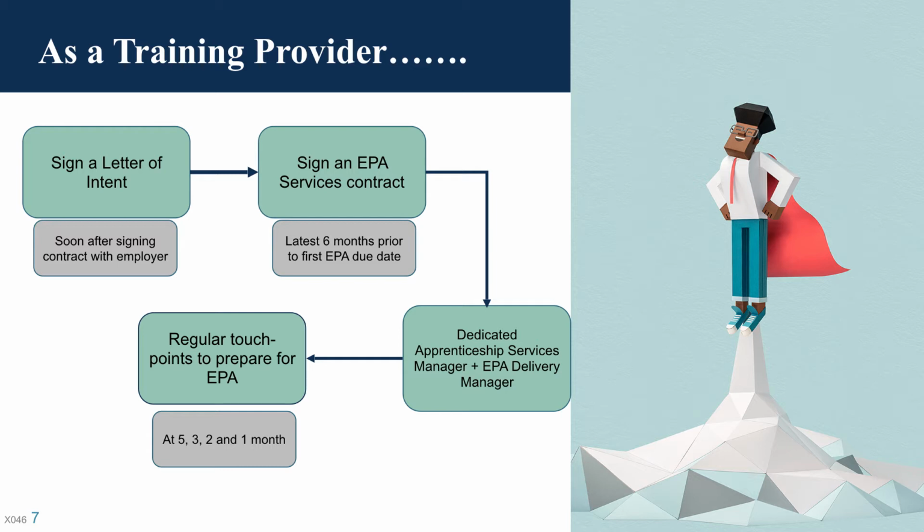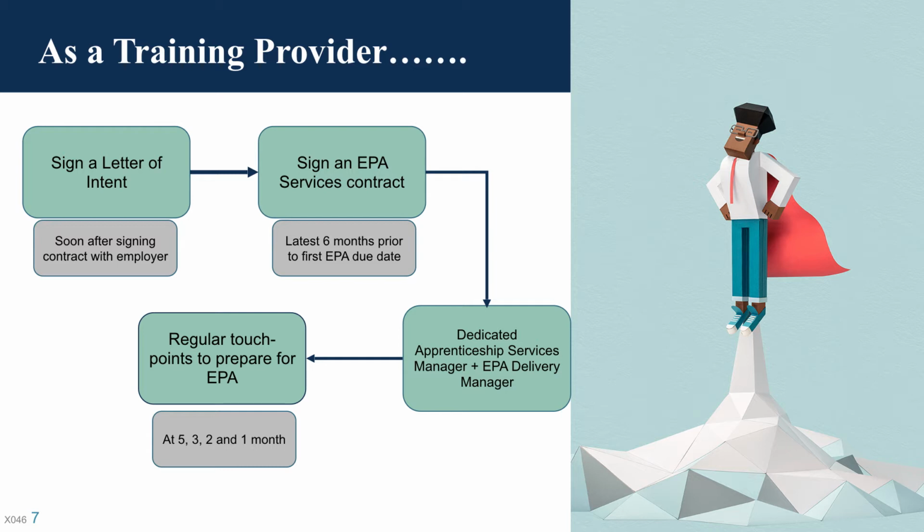We are getting some feedback from the market in terms of what that looks like, and we will be taking that feedback on board to make our process much more efficient, from both your perspective as a provider and from the employer's perspective. Essentially, the second stage for a training provider is to sign an EPA Services contract, and we need to do that from a compliance perspective, from an ESFA's perspective.